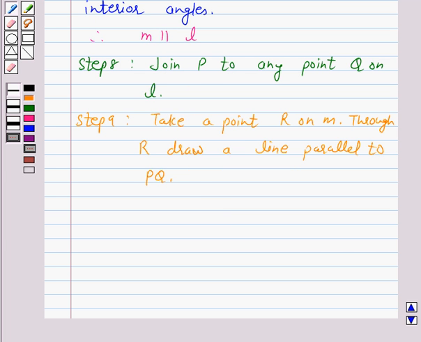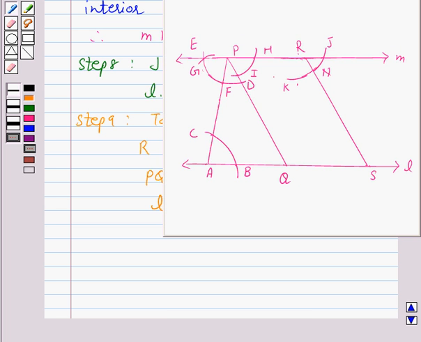Because it is given in the question, let this line meet L at S. Now, PQ is parallel to RS, because we know that when a transversal cuts two lines such that pairs of corresponding angles are equal, then the lines have to be parallel. So, we have drawn PR parallel to QS and PQ parallel to RS.